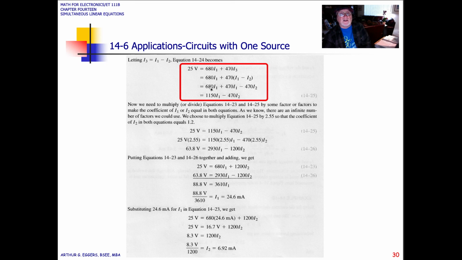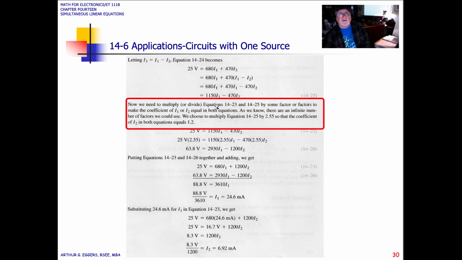Okay, this allows us to gather the two terms 680 and 470, both current 1 terms, and minus the 470 current I2. Now we need to multiply or divide the equations 1423 and 1425, from the previous screen, by some factor or factors that make the coefficient of I1 or I2 equal in both equations.